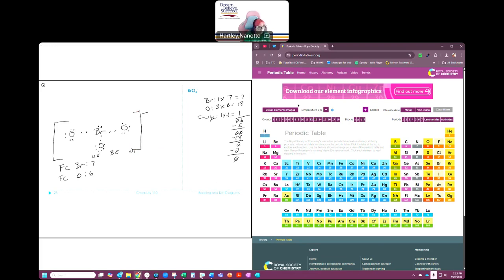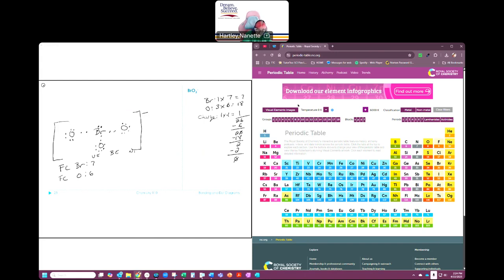Let's just say that we're talking about a bond, right? A bond has 2 electrons in it. And if I'm a particular atom and I'm talking about this bond, technically speaking, half of those electrons can be assigned to me. So if I have a bond, one of those electrons is mine and one of them belongs to the person that I'm sharing it with. So half of them are mine.